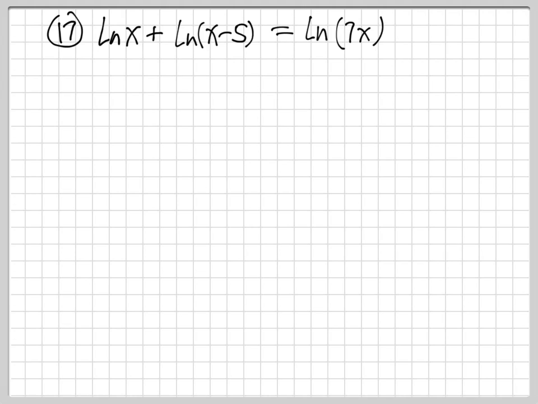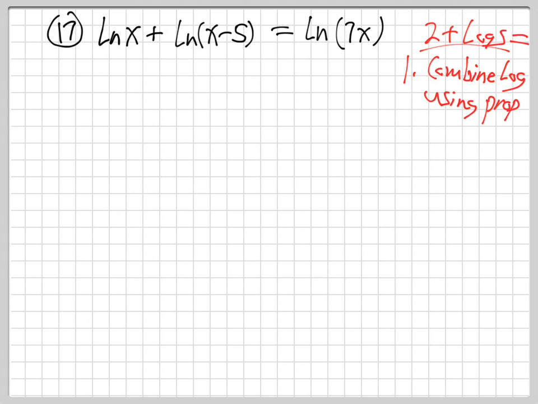Okay, so you know the game plan. When you got two or more logs with an equal sign, step one is combine the logs using the properties, meaning adding becomes multiply and subtraction becomes divide.